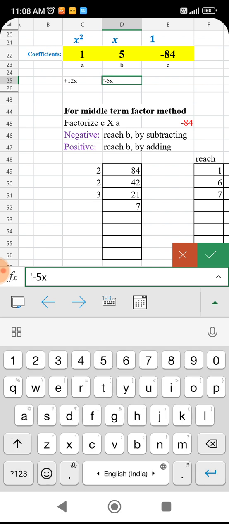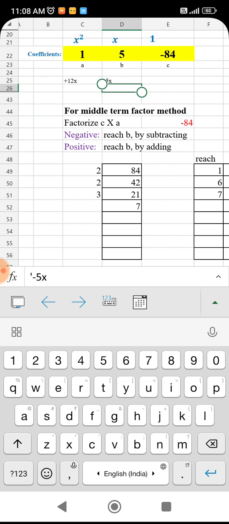It should be minus 5x. So the middle term factor is done for this.